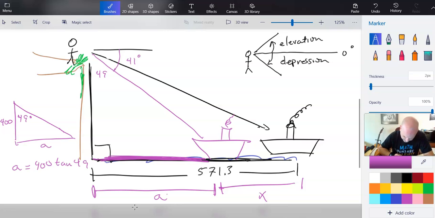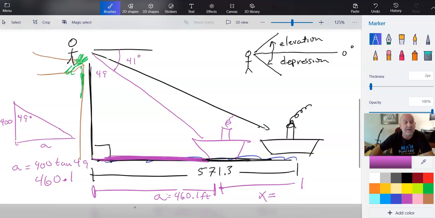So this is now 460.1 feet. So all we have to do now is, since we know the total distance and we know this piece of it, subtract those two to find x.